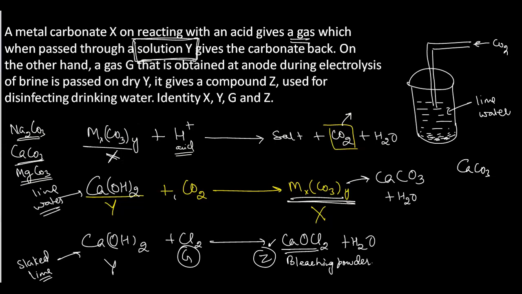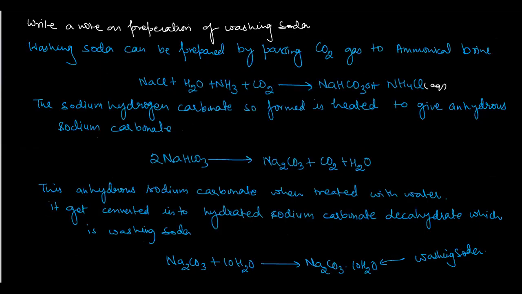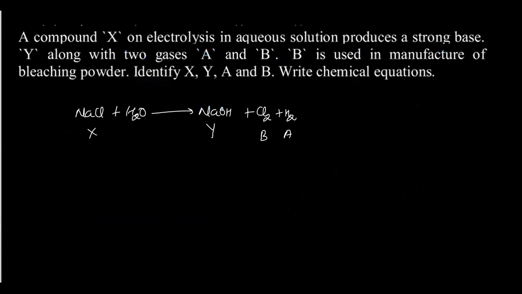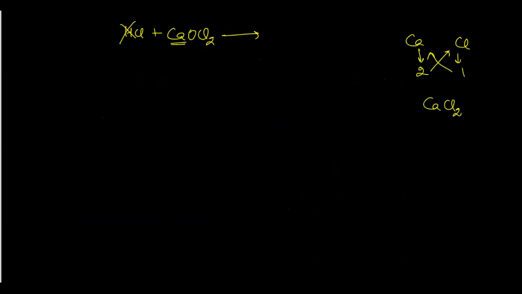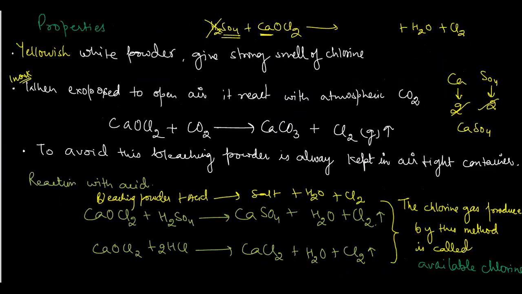On the other hand, a gas G obtained at anode during the electrolysis of brine, कि जब हम लोग brine का electrolysis करते हैं तो एक गैस है G जो obtain होती है anode पर. सो अभी हम लोगों ने पढ़ा था when the electrolysis of brine takes place, then एनोड पर कौन सी गैस निकलती है?